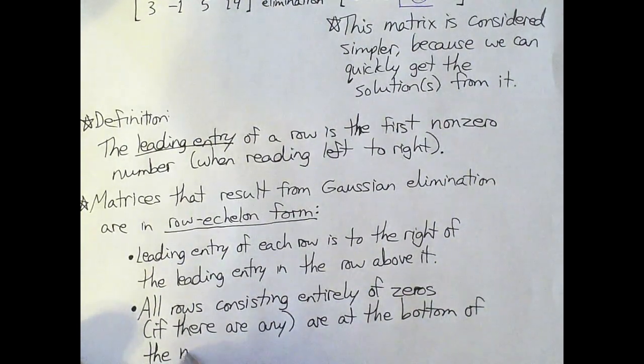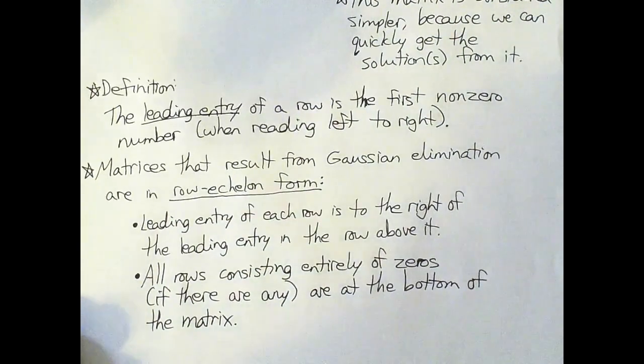Okay, so that did not happen in this example above. We didn't have any rows consisting entirely of zeros. I guess if you did, there would be no leading entry in that row because there'd be no non-zero number. But if we had a row that was all zeros, we would need it to be at the bottom, but we're allowed to interchange the positions of rows.